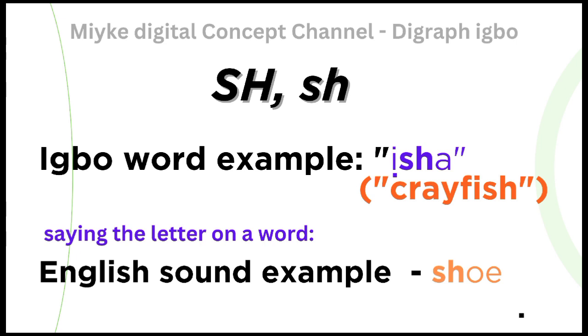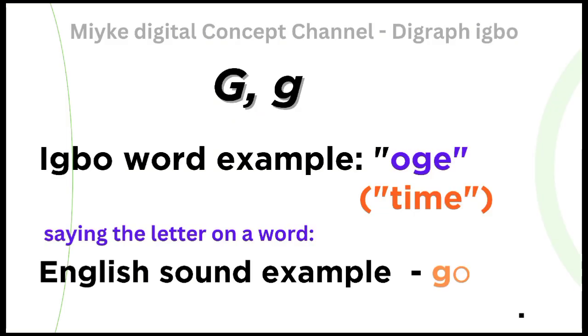Now we are going to the next one, which is be. But before we talk about be, we have to look at G, that is ge. Because in Igbo, we don't call it G, we call it ge.